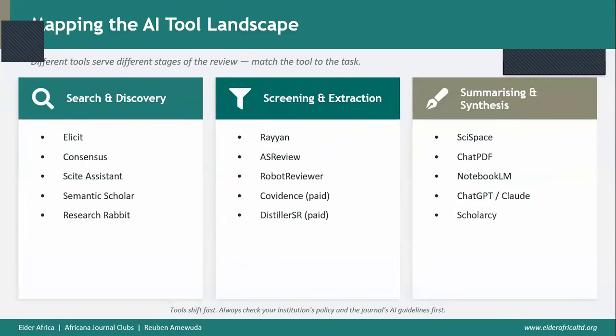Let's move on. Now, mapping the AI tool landscape. I'll summarize this quickly because of time. If you want to search literature: search and discover. Discover means to find something.